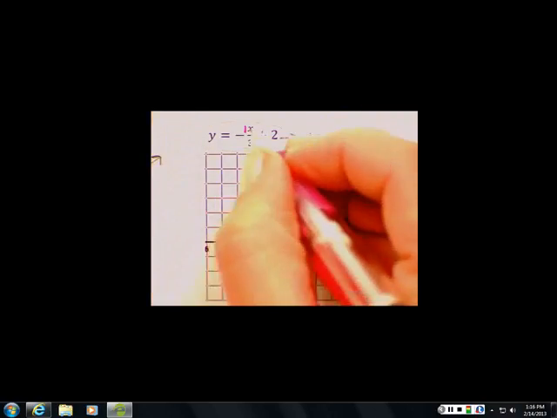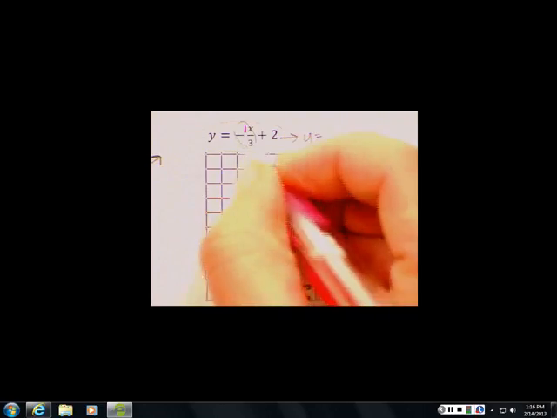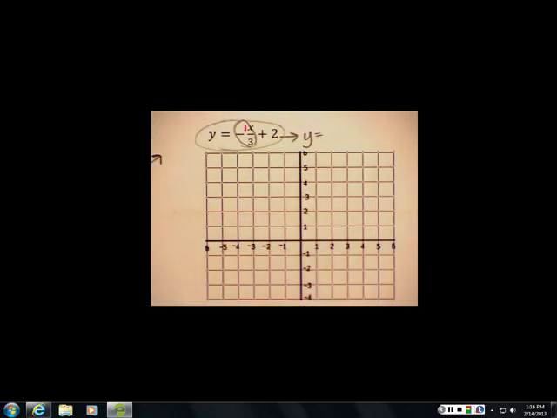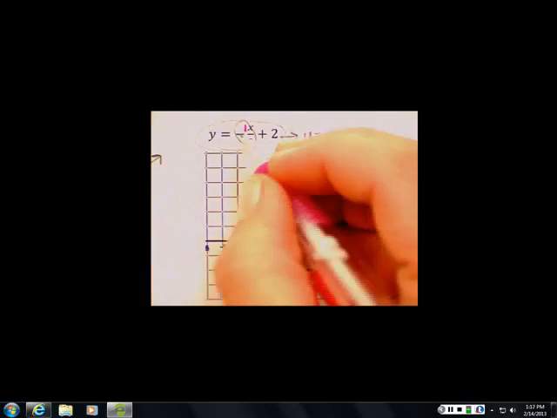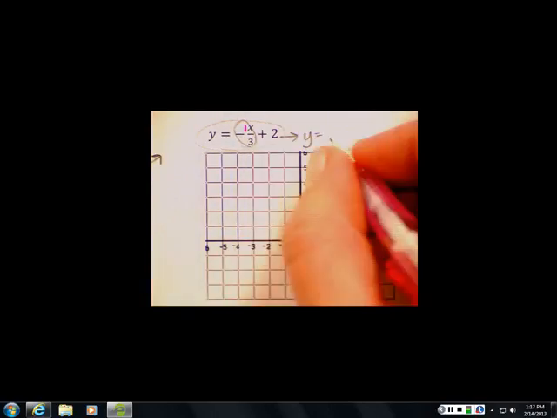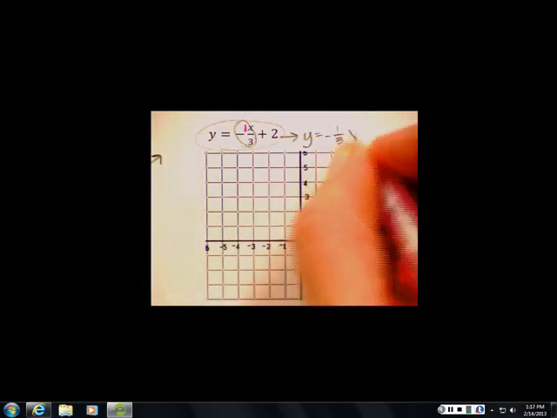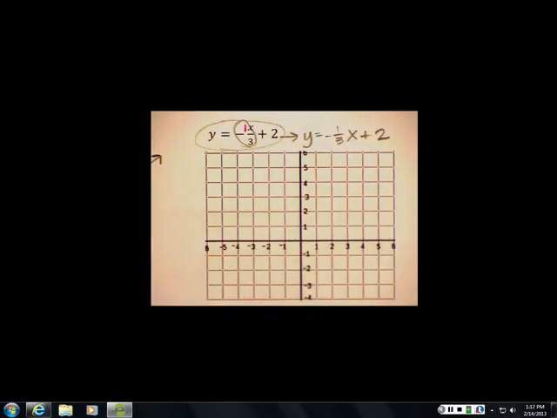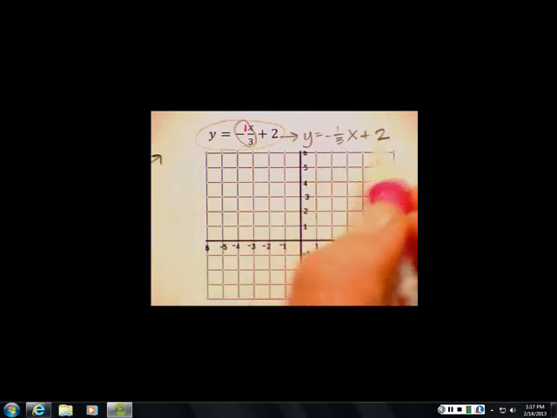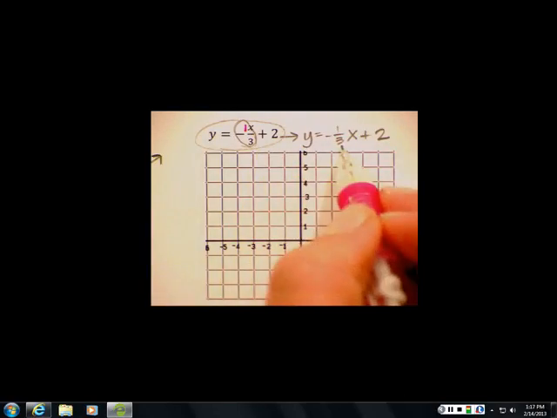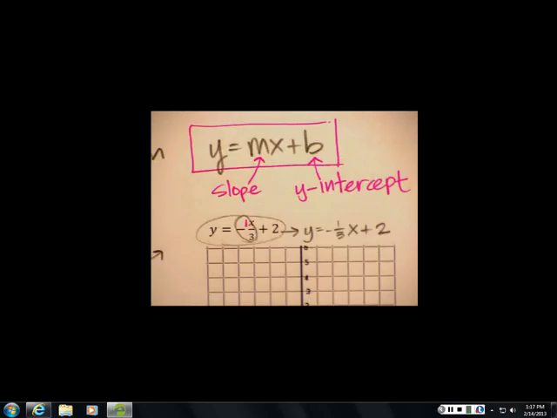The number that I need to put in front of x, my coefficient for x, is going to be negative 1/3. X plus 2. So I took this equation and I transformed it into something that looks a little more like the y equals mx plus b that we talked about.